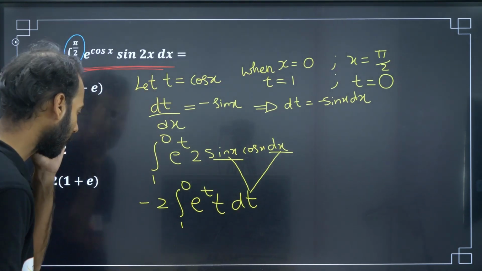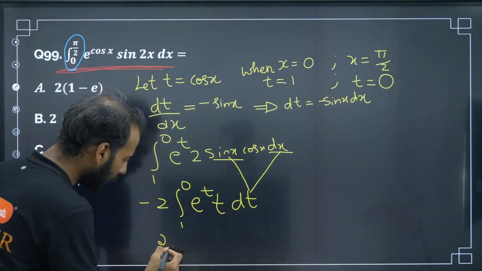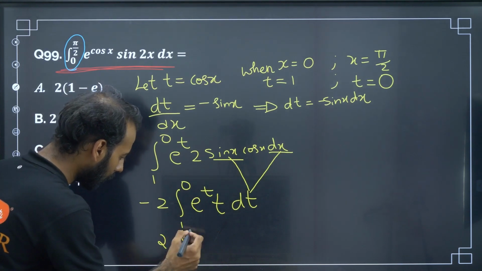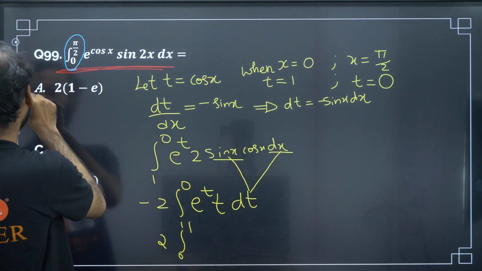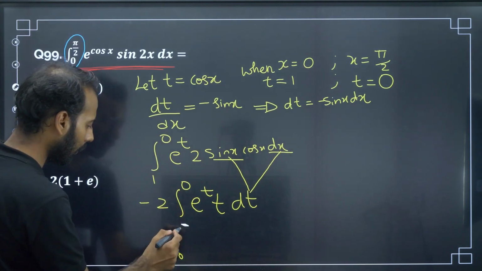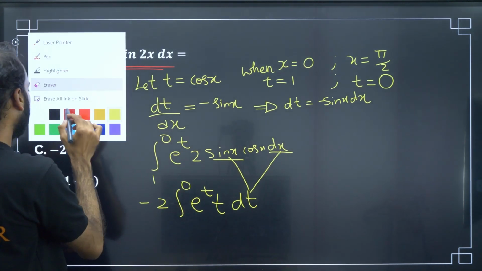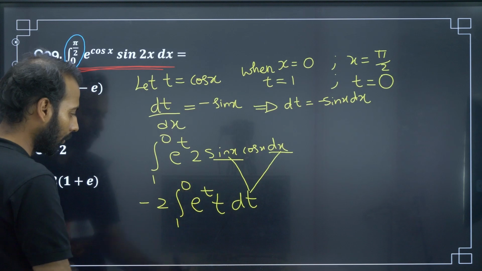Now everything is fine. Next, if I change the limits from 1 to 0 to 0 to 1, there is a minus sign.